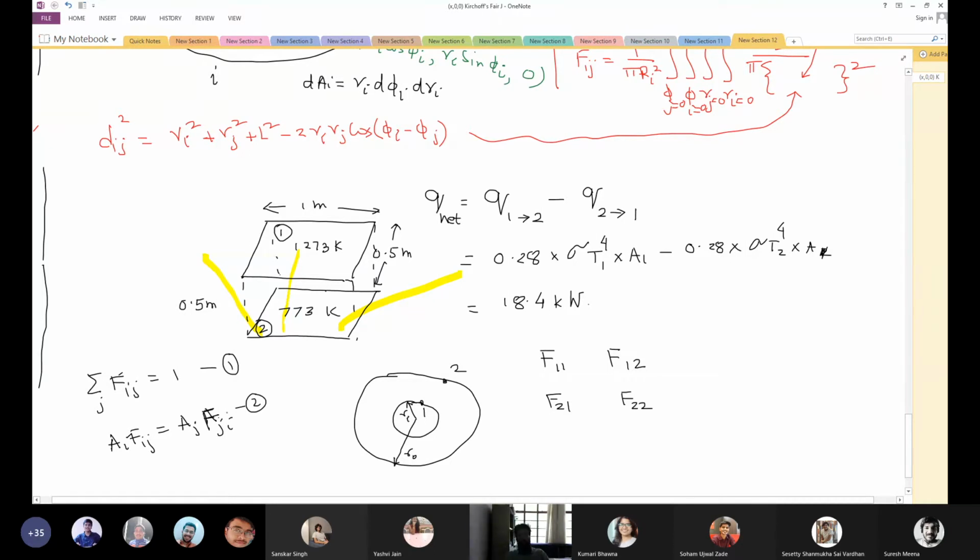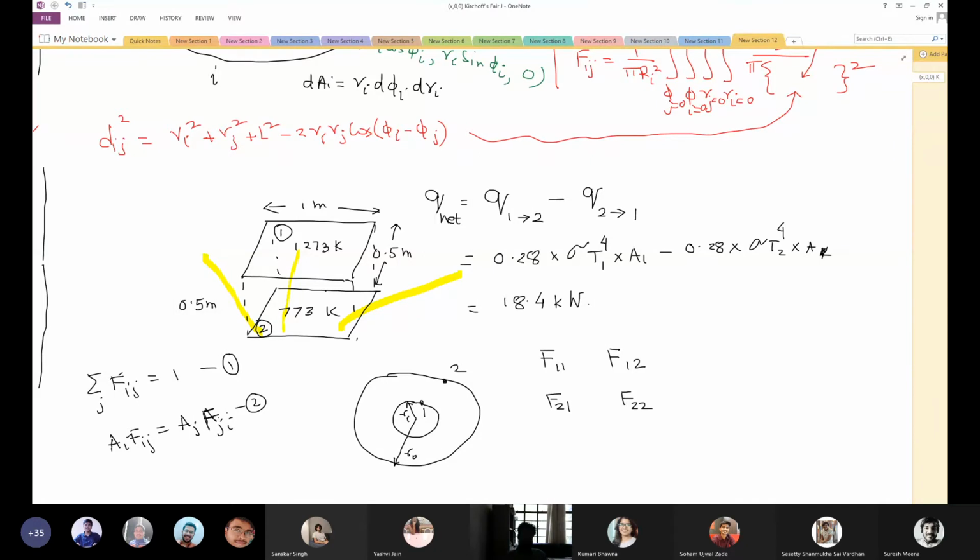So which one is the easiest view factor to find out here from inspection? F11. What is the value of F11? 0. F11 is 0, because whatever radiation leaves surface 1 cannot reach surface 1, because it's a completely convex surface. That is not true for a concave surface.